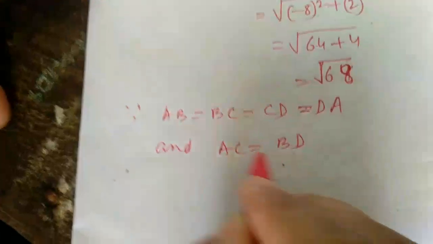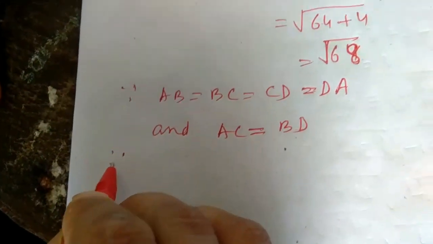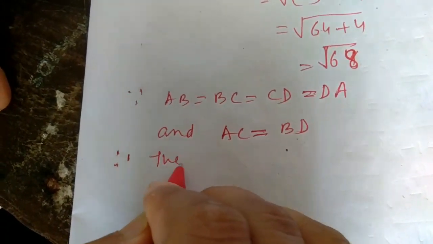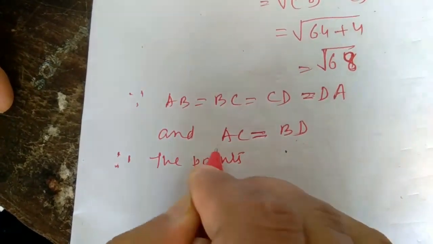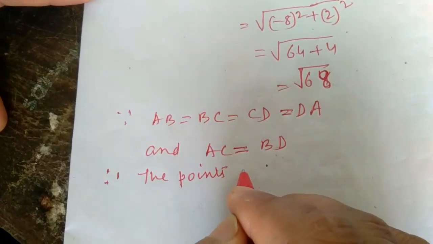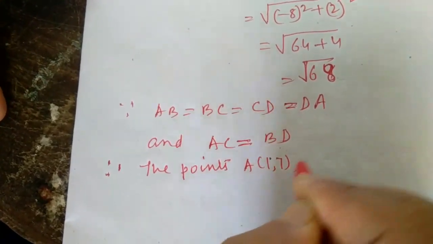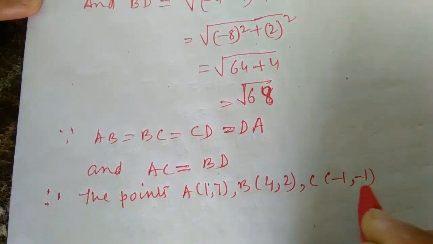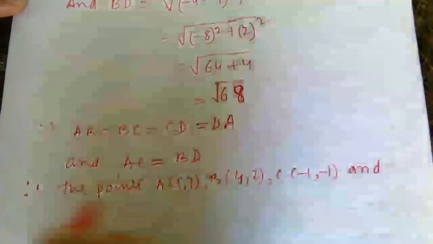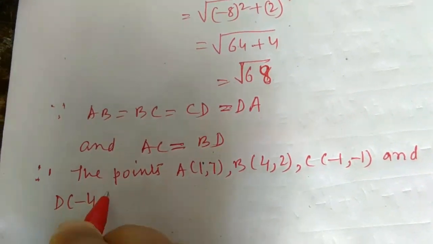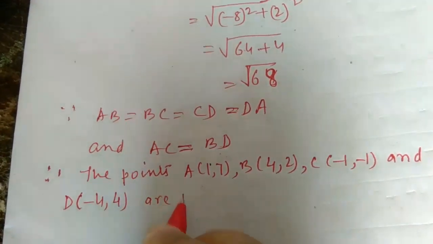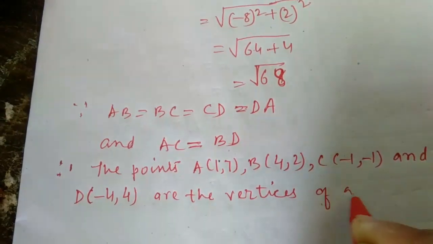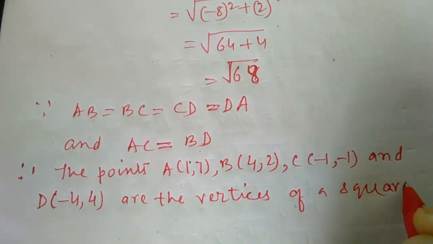Therefore, the points we have taken, A (1,7), B (4,2), C (-1,-1), and D (-4,4), are the vertices of a square. Okay, and this is the last question.